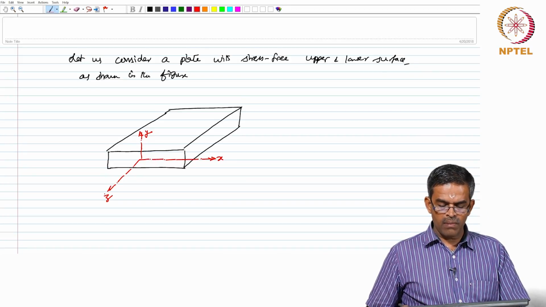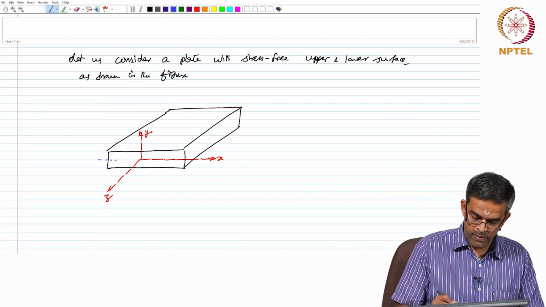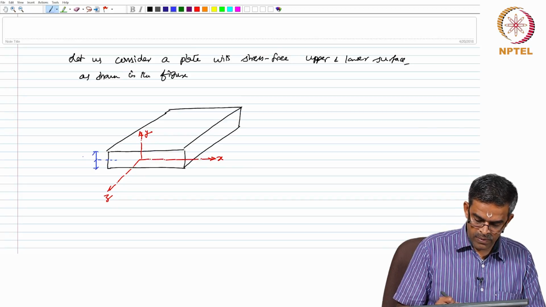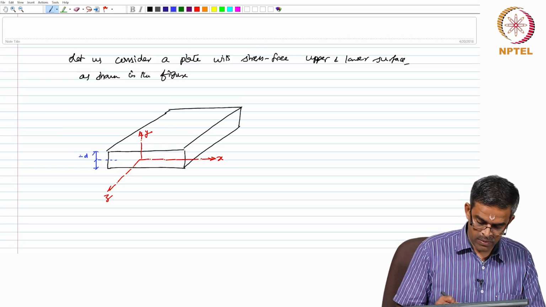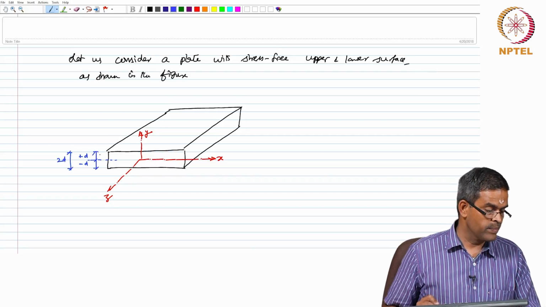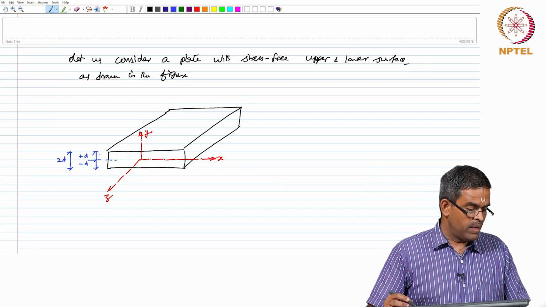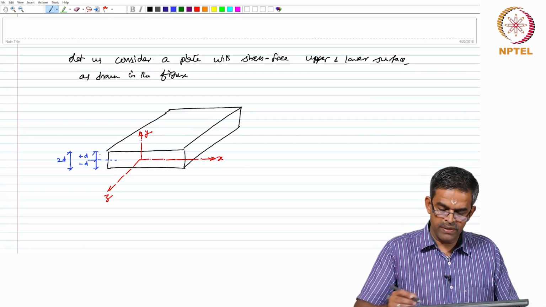The local axes are marked as shown in the figure. The thickness of the plate is 2D. Let us take a free body diagram of a small area extracted from this plate.